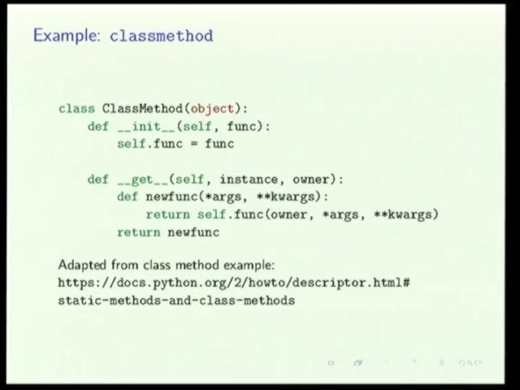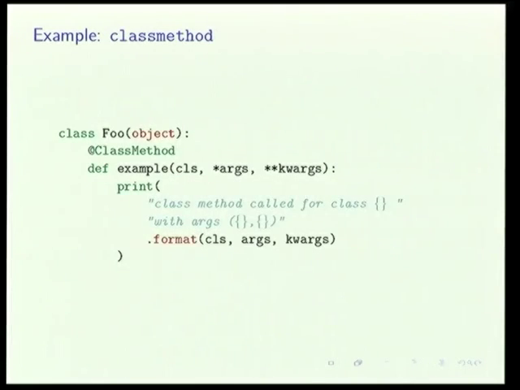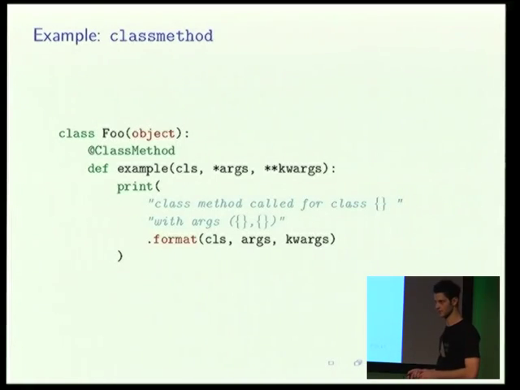We then call the stored function with the owner, so that's the class on which this descriptor is being used, as the first argument, and then just splat out the positional and the keyword arguments and return the new function. And so that allows us to use this descriptor just like the built-in classmethod decorator in the standard library.